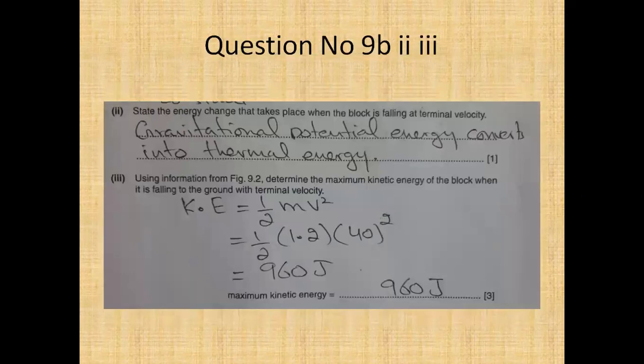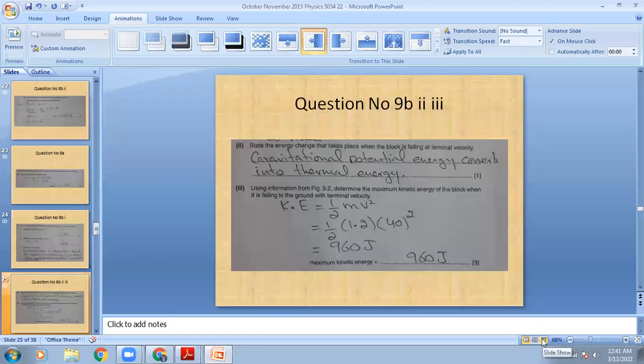So here is your solution. Gravitational potential energy converts into thermal energy. Kinetic energy equals 1/2 mv², so 1/2 × 1.2 kg × (40 m/s)². So you get 960 joules. 960 joules is the right answer.